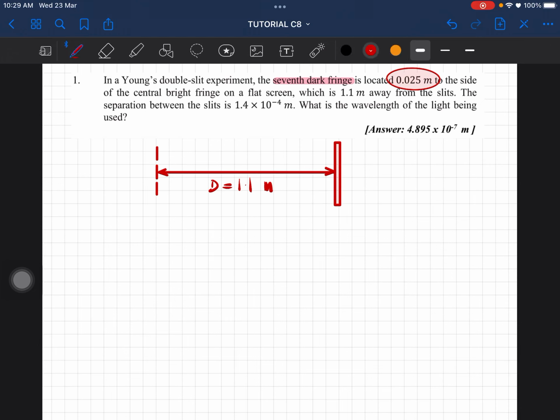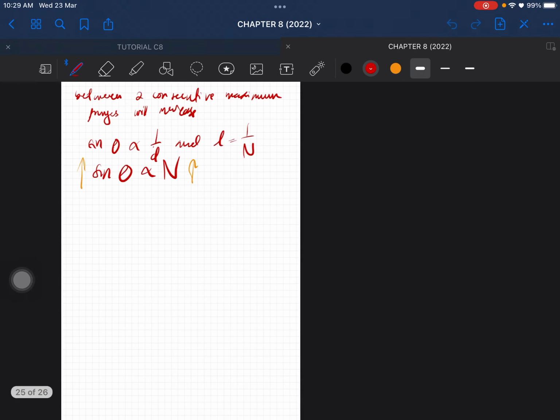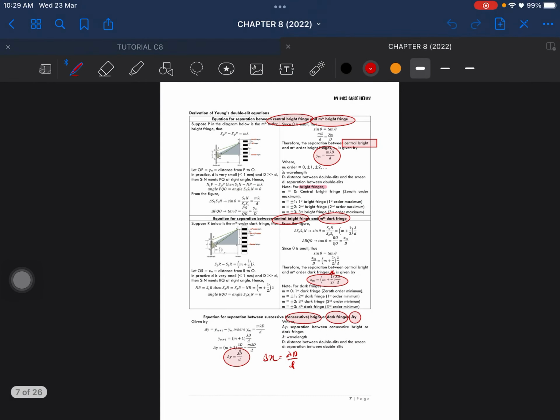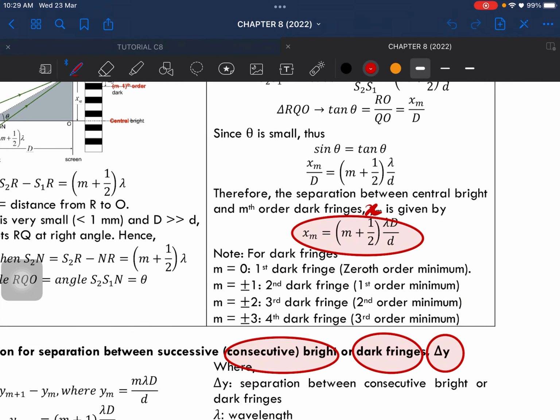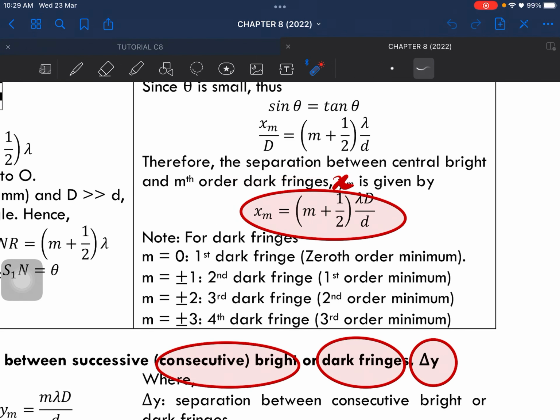The formula is going to be in our notes on page number 7, in the second table. Let me show you. Yeah, page 7. The question mentioned the separation between the dark fringe and the central bright fringe, right?